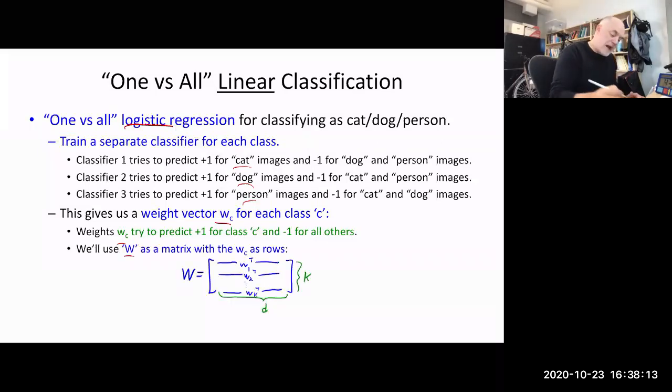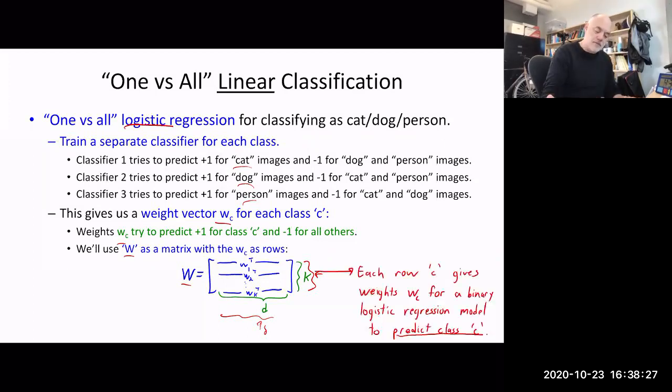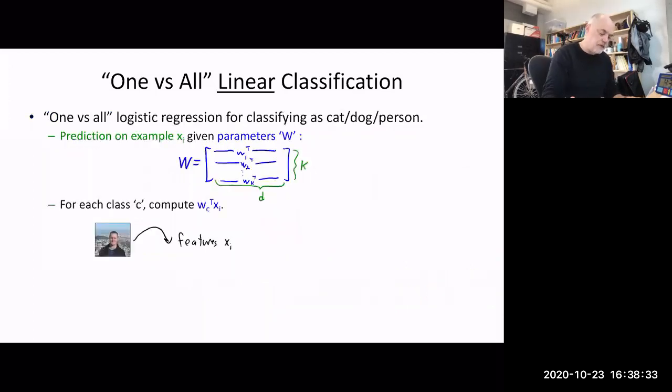So we can pack those all up in a matrix W, which has k different weight vectors, and all of those weight vectors are d-dimensional, where d is the number of features. So the point is we have k-way classification. Each row gives weights for a binary logistic regression model to predict class C. Cool.